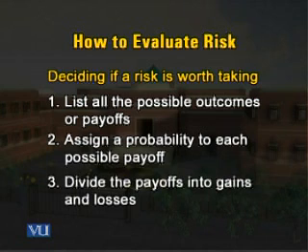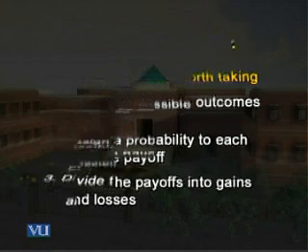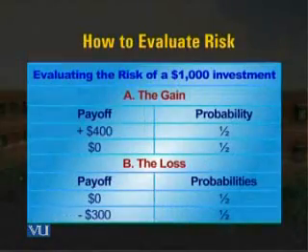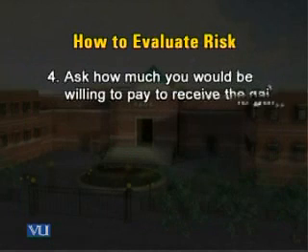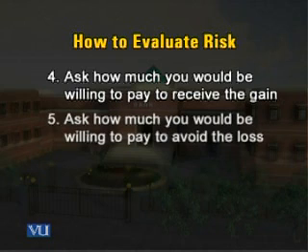Number 3, divide the payoffs into gains and losses. As we have done in the previous slide, we divided into gain and then we divided into loss. And then number 4, ask how much you would be willing to pay to receive the gain, and then ask how much you would be willing to pay to avoid the loss.